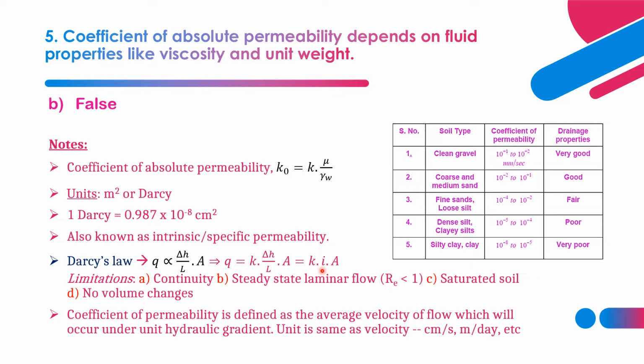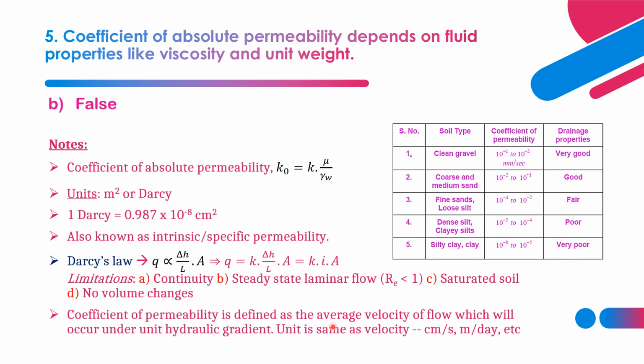that is the hydraulic gradient. And we know that discharge is equal to velocity into area. So discharge velocity is equal to K into I, simply K into I. And K has units the same as velocity that we see here.